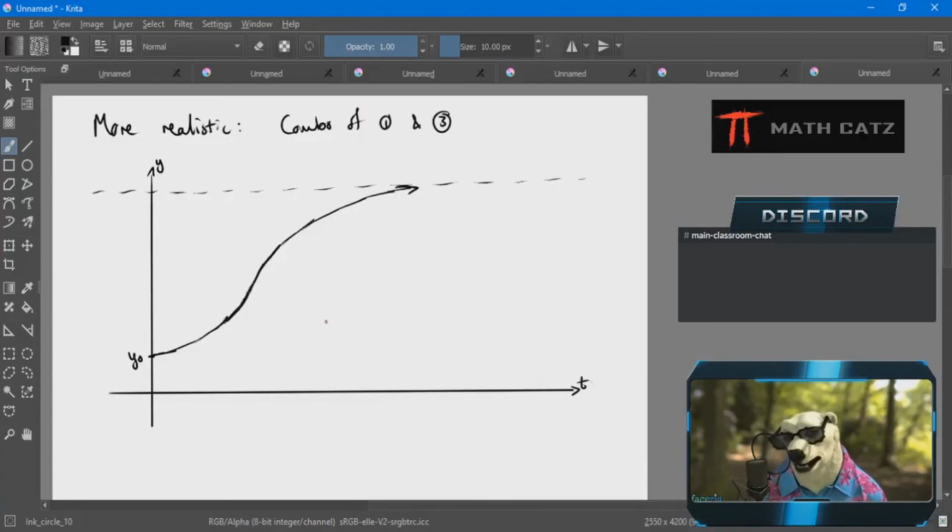I want to capture the essence, the most important things of the practical problem, but I don't want the mathematical side of things to be a complete nightmare. Where is the balance? And this is called the logistic growth model. It does have a much more complicated differential equation that we should build up to and leave until the very end of our discussion.